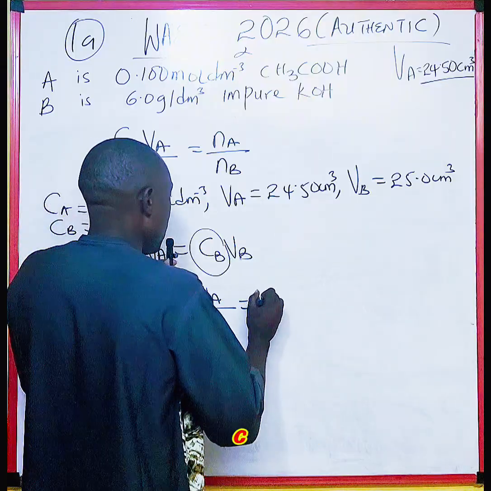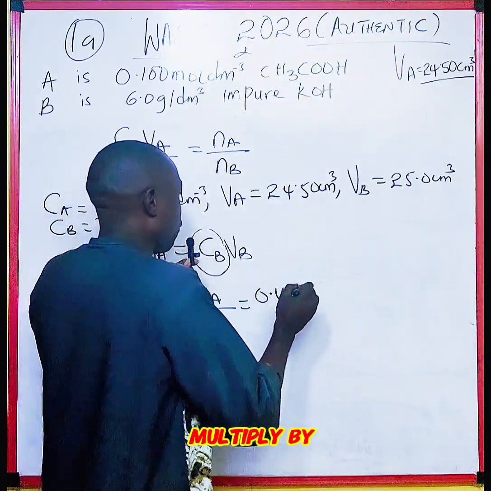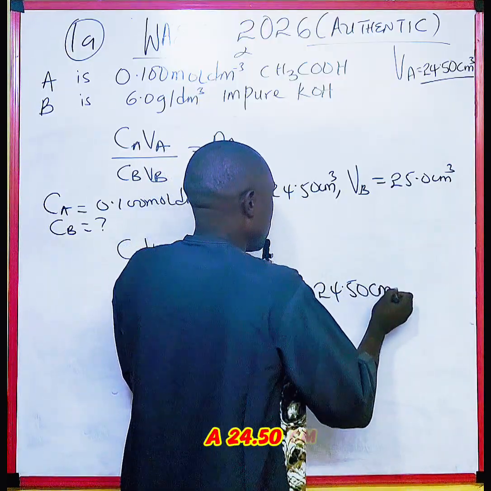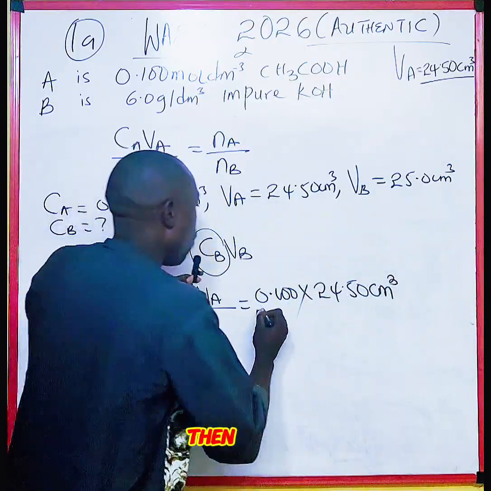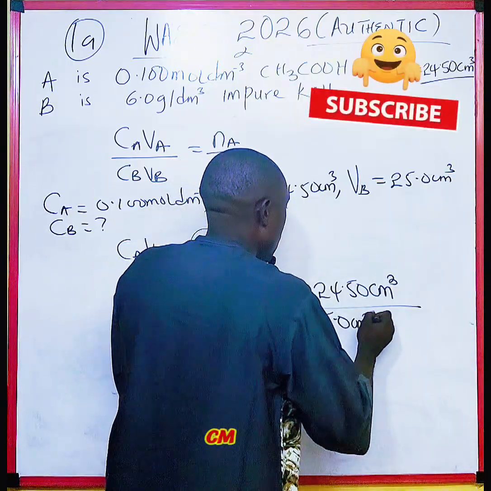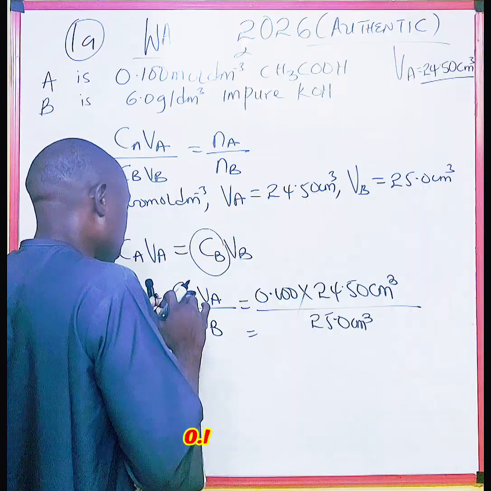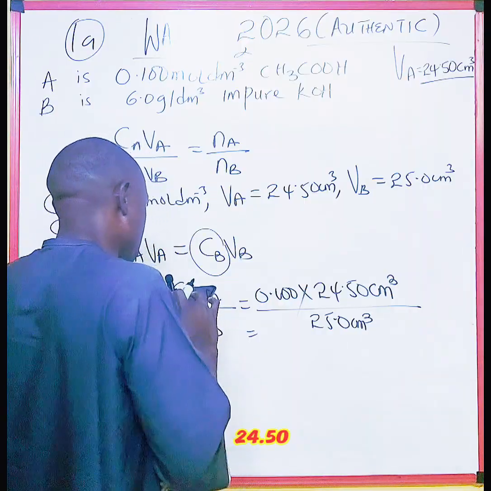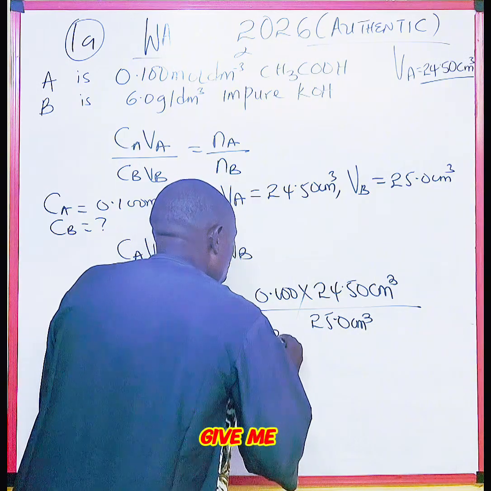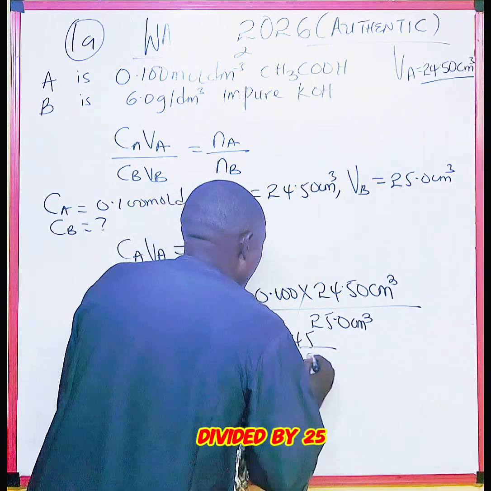So my CA is 0.100 multiplied by VA, 24.50 cm cube, over 25.0 cm cube. 0.1 multiplied by 24.50 gives 2.45, divided by 25.